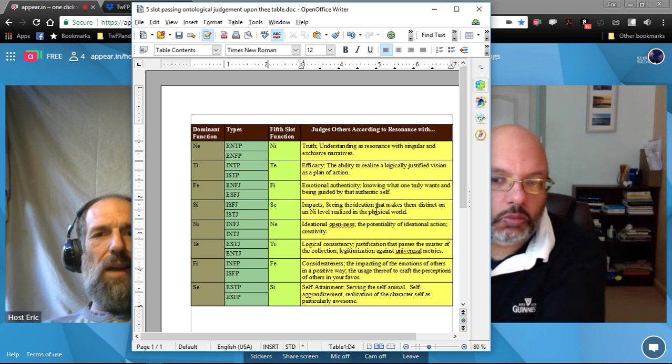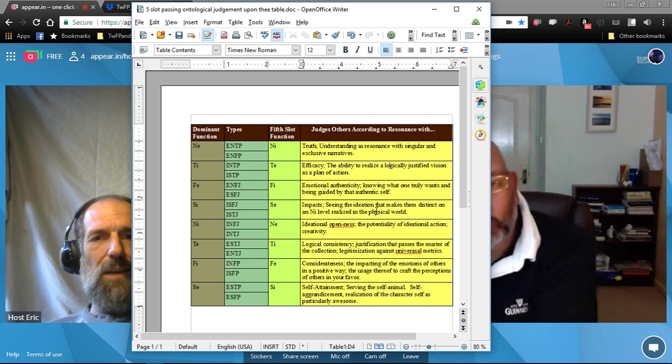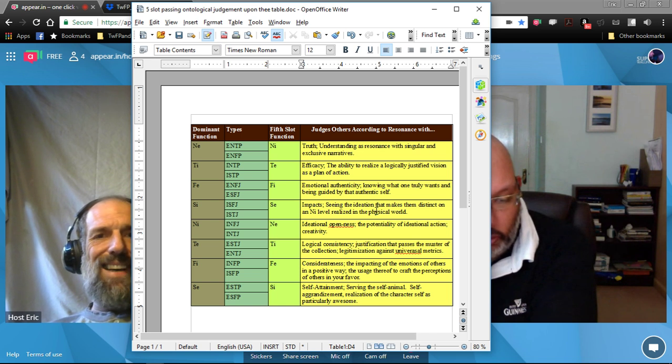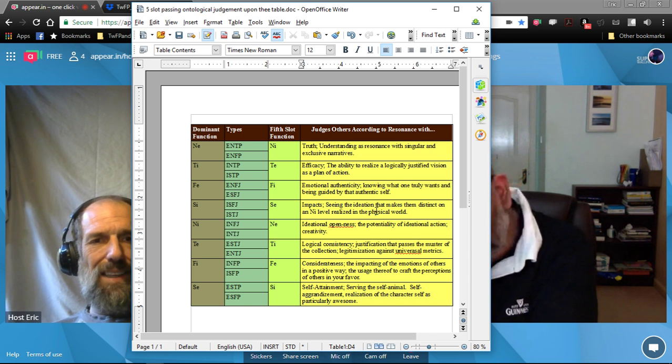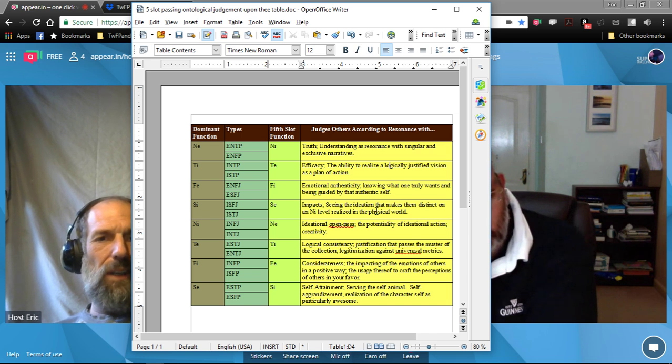So if you go down to the next one, SI, that's Kim's type, ISFJ, or ISTJ, that's Cameron's type, my friend Cameron. Fifth slot function is SE, which means they judge others according to their resonance with impacts, seeing the ideation that makes them distinct on an NI level realized in the physical world.